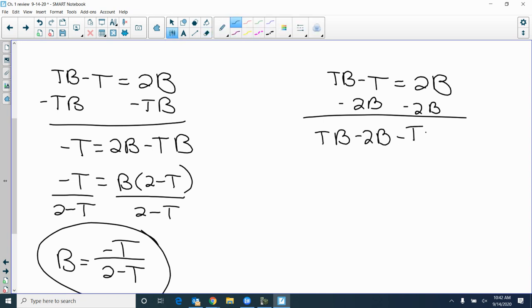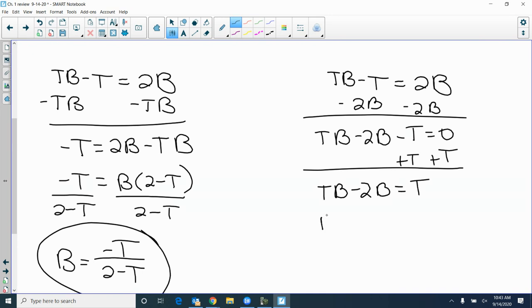Minus t equals 0. Well, I got to get the tb and 2b on the same side. I got to get the other one over there, so I need to do what? I need to add t. Now, some of you would probably do it all in one step, which is fine, but I get tb minus 2b equals t. Factor out the b.